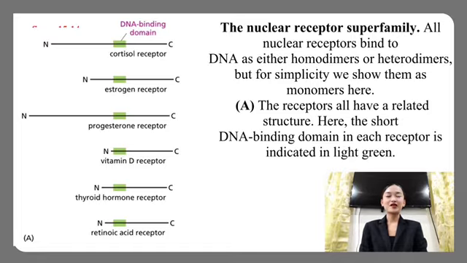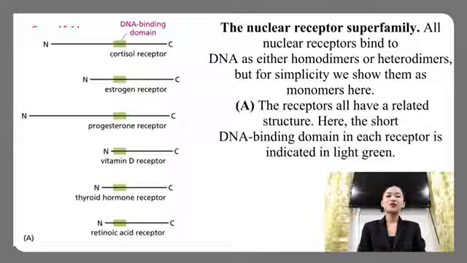The nuclear receptor superfamily. Did you know that all nuclear receptors are proteins that can bind to DNA to control gene expression? That means, kapag na-activate sila, kaya nilang i-on or off ang specific genes sa loob ng cell.